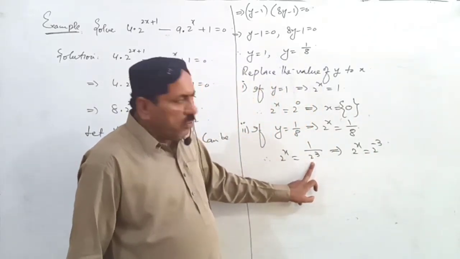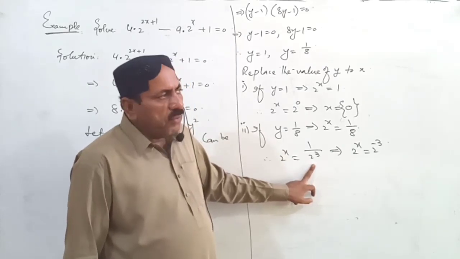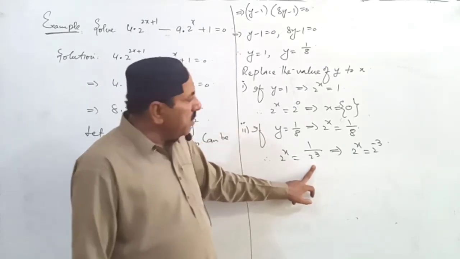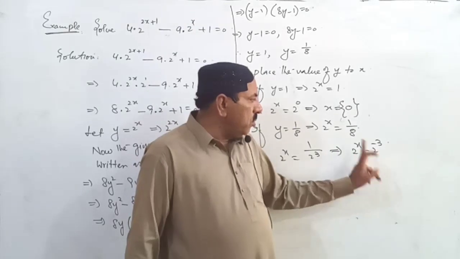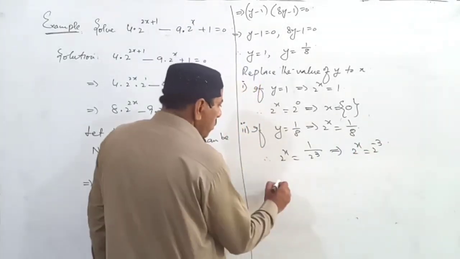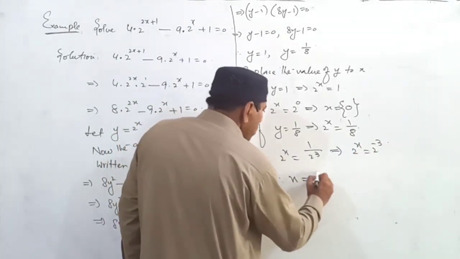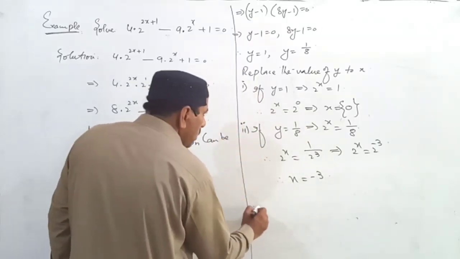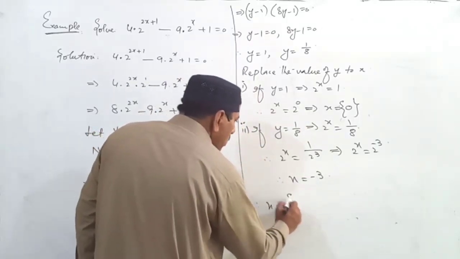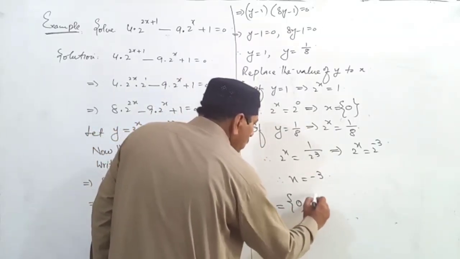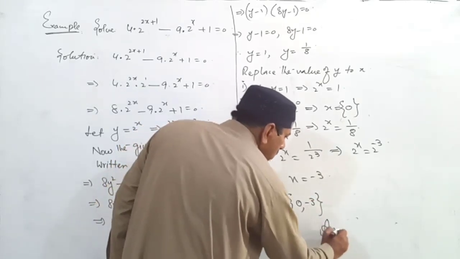When we shift 2 with respect to the numerator, its power is converted to the negative sign. If bases are equal, then x is equal to minus 3. Therefore, the value of x is equal to minus 3. So x is equal to 0 comma minus 3 is the answer.